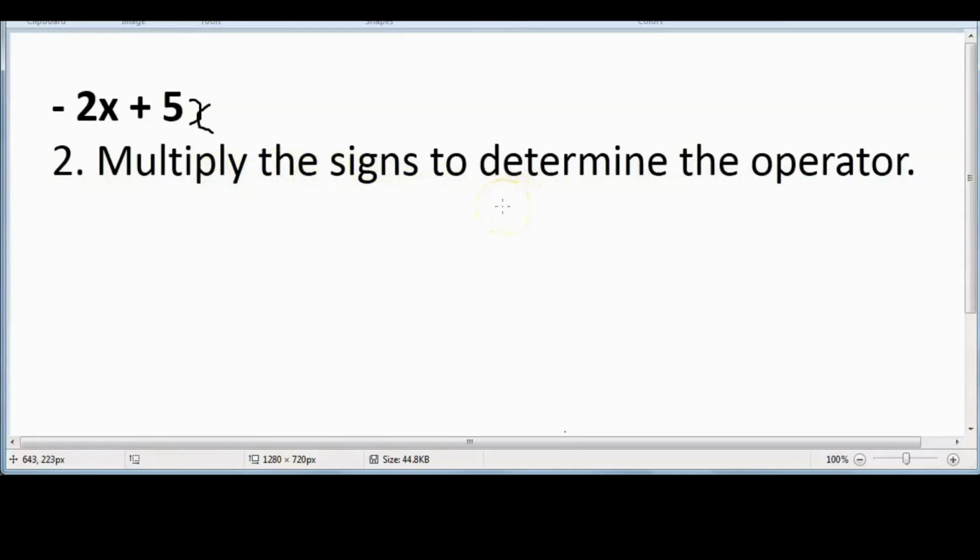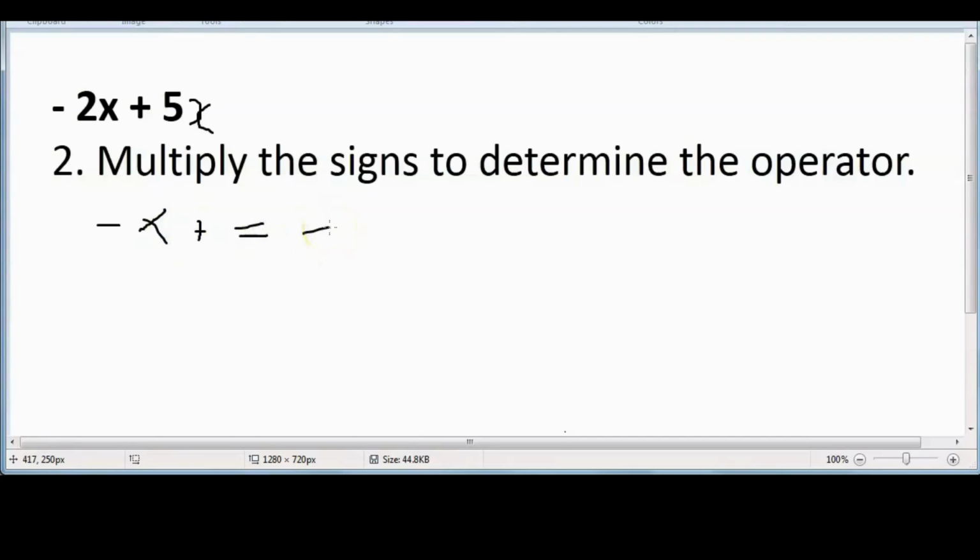Had there been unlike terms, we would start with rule number 1, which says group the like terms. So negative multiplied by positive gives a negative.